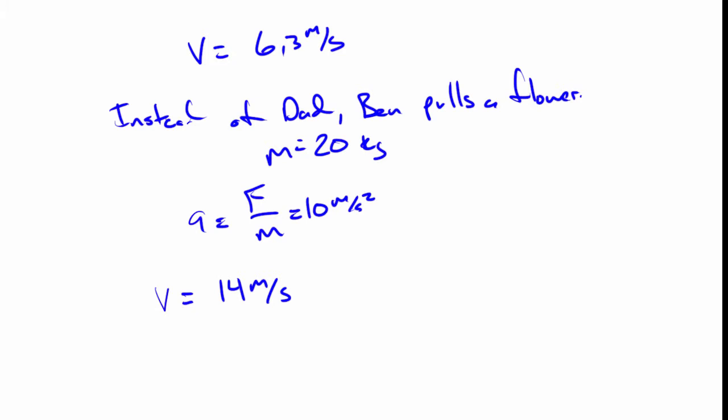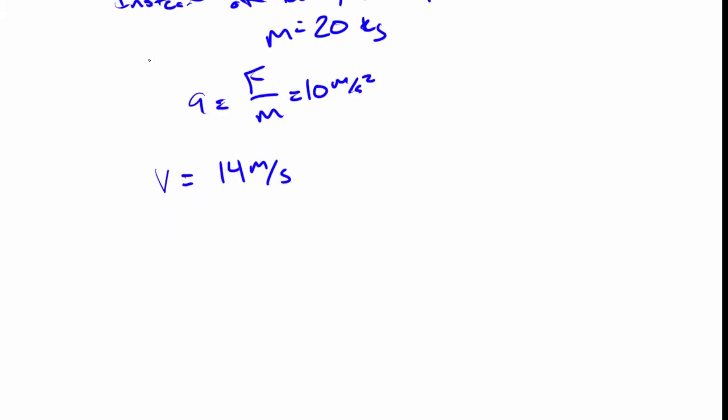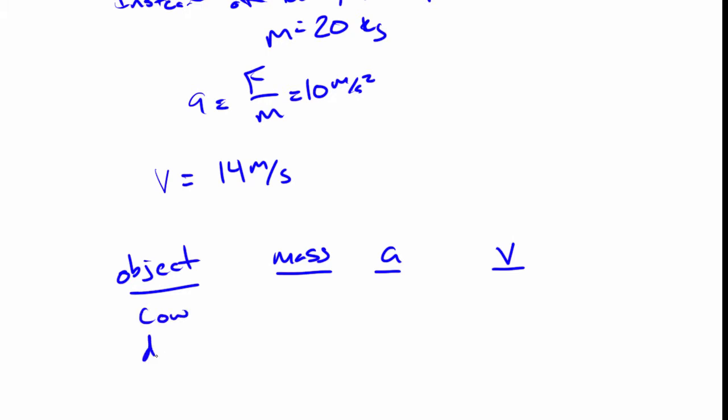All right, so where am I going with this? What I want to look at then is, in number terms, what we've already kind of talked about. What we're seeing here is that he's pulling with the same force each time, but the final velocity is changing. So we had the cow, dad, flowers.